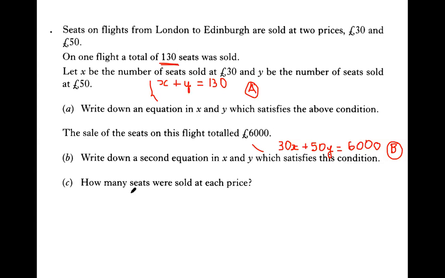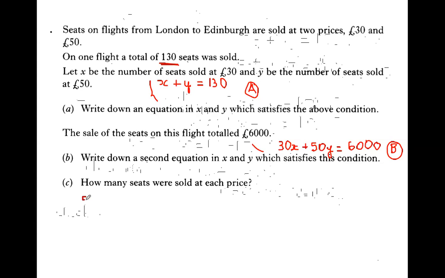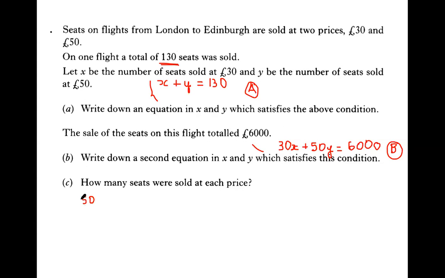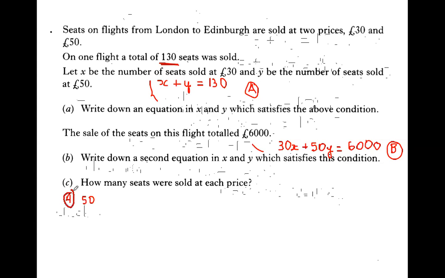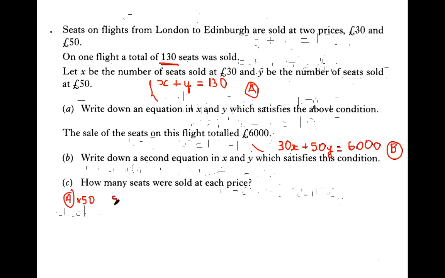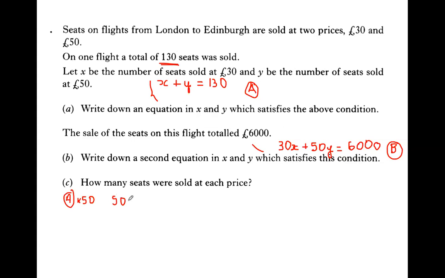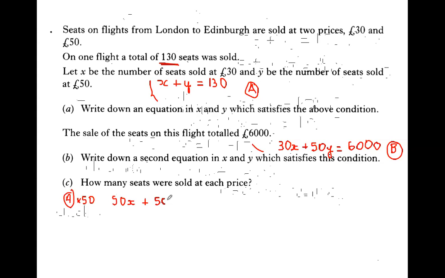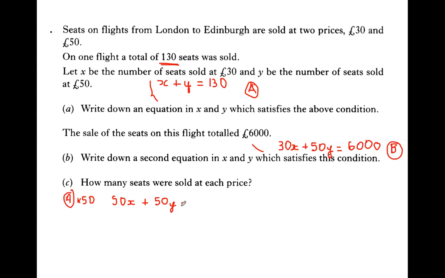So 50 times A, or A times 50, I can write it like that, gives me 50x plus 50y equals 6,500.